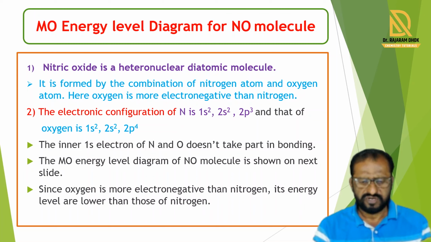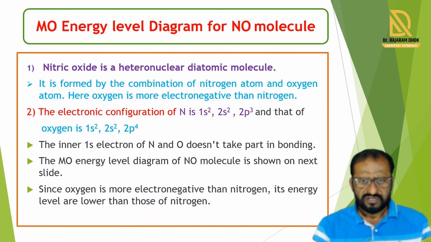The inner orbital 1s electrons of nitrogen and oxygen do not take part in the bonding. The molecular orbital energy level diagram for the NO molecule is shown on the next slide.